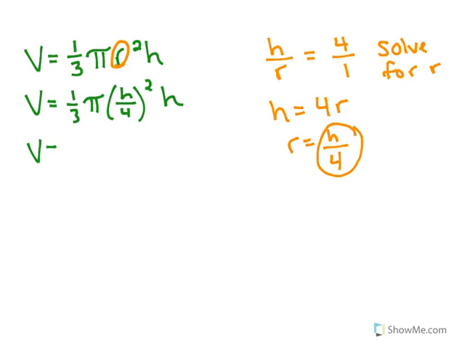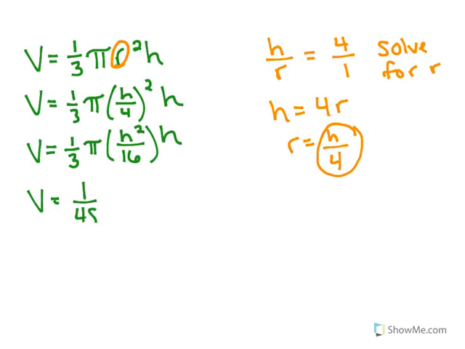So again, we're going to have volume equals 1/3 pi. This part is h squared over 4 squared, which is 16, and then it's still times h. I'm going to do the 1/3 times the 1 over 16 to get 1 over 48, and then pi, and then h squared times h is h cubed.